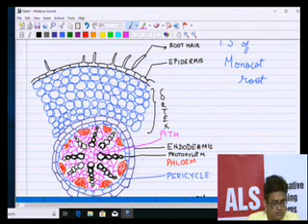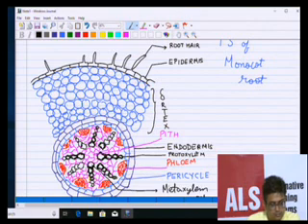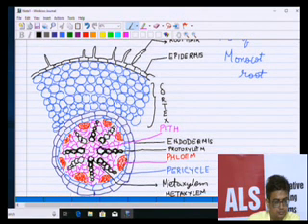Phloem is having a larger number here also, and this is the metaxylem. Metaxylem. The smaller one is the protoxylem.